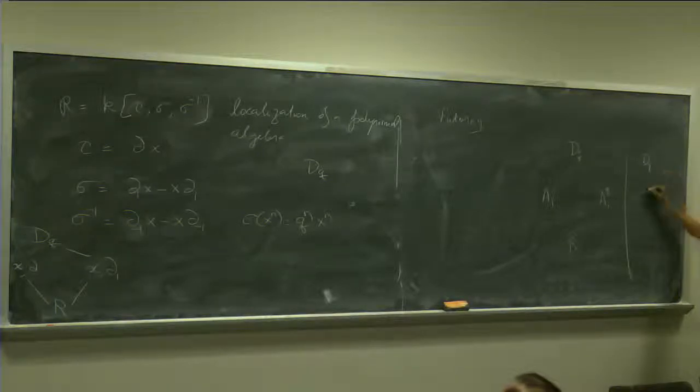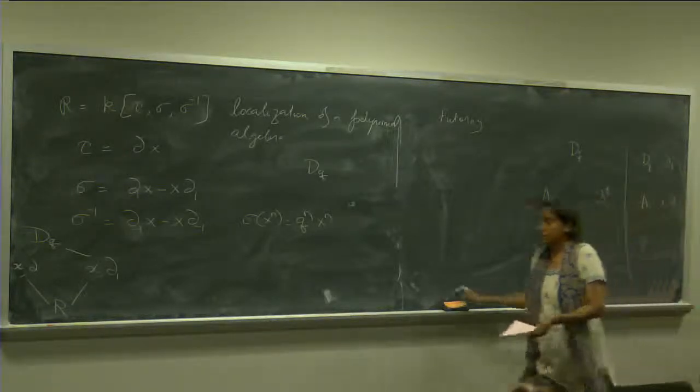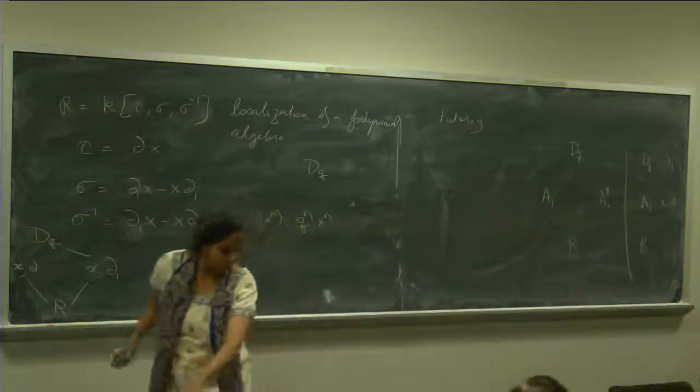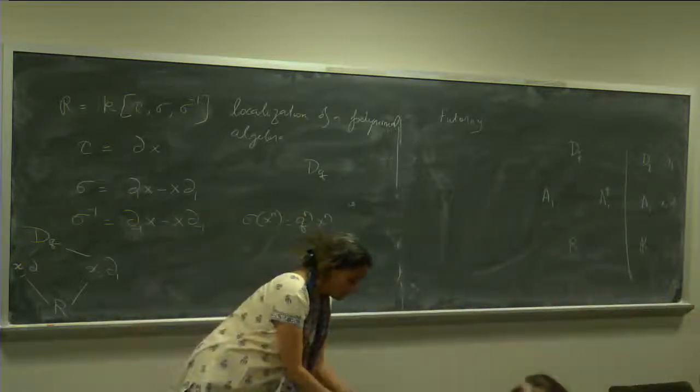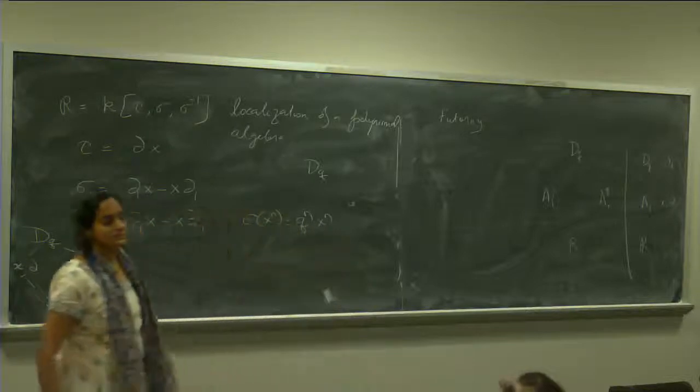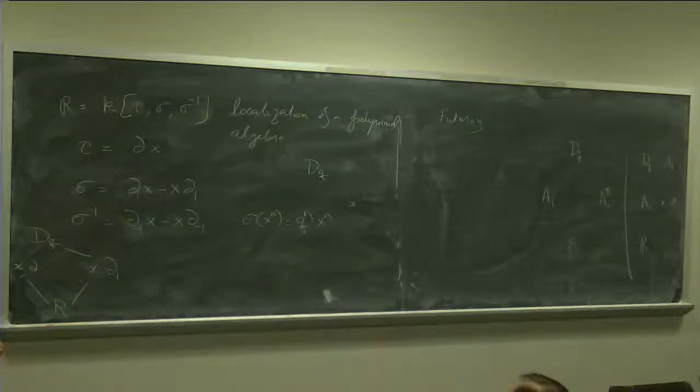If I just view the first Weyl algebra over R, which contains x and del, I just need one more generator. And vice versa. If I have del 1 here, I need del, that's all. So you're making this into a generalized Weyl algebra?